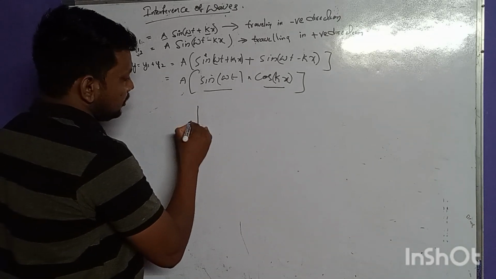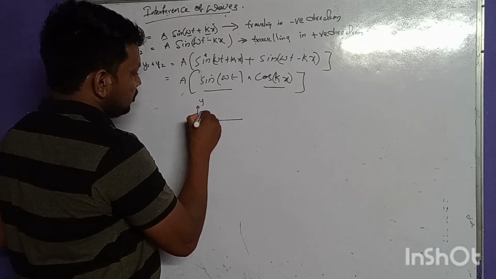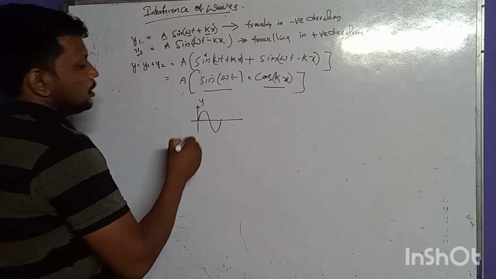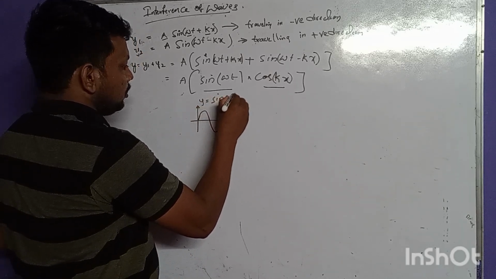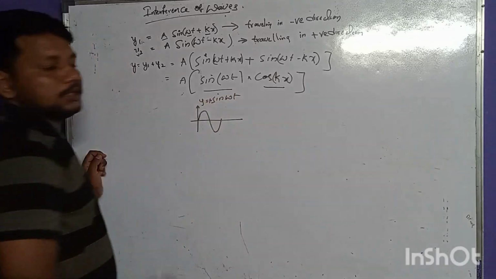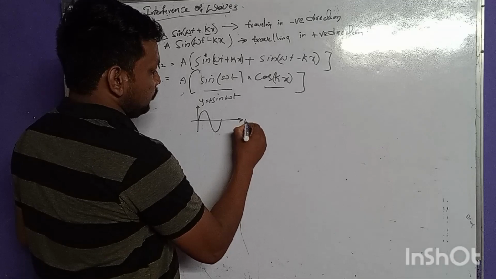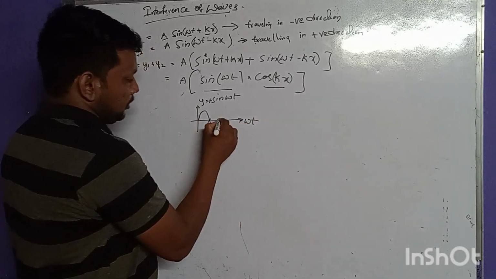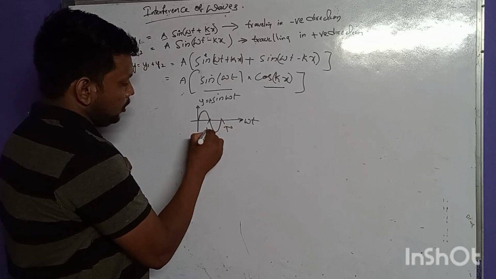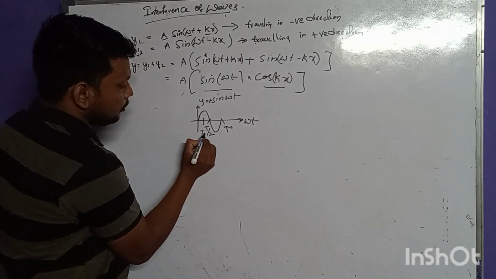This is y is equal to sin omega t. Let's say amplitude is 1, sin omega t. This is omega t. This is time period, that is total time period is tau by 2, and this is tau by 4.